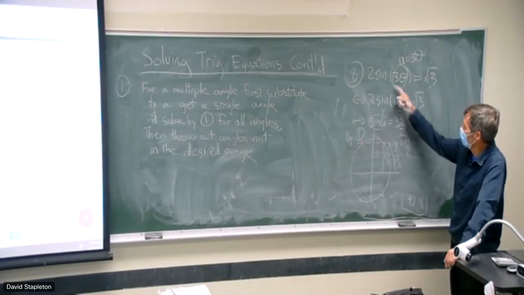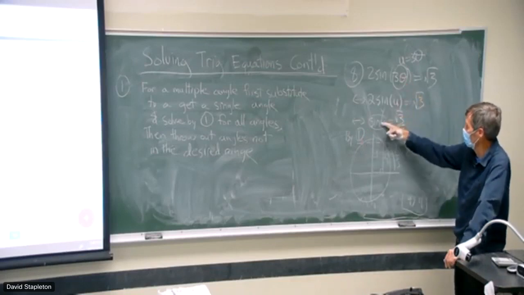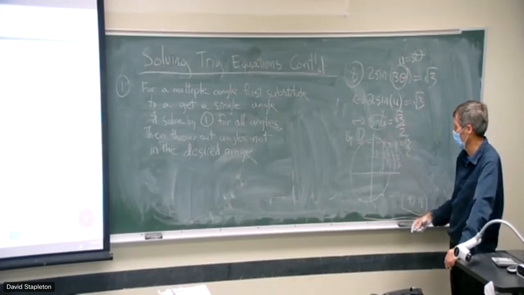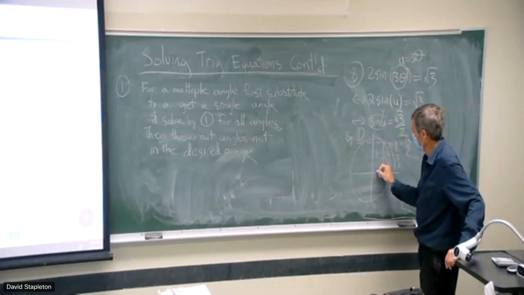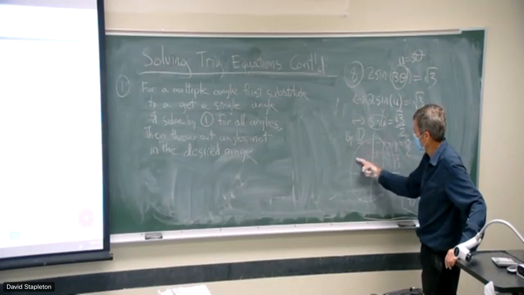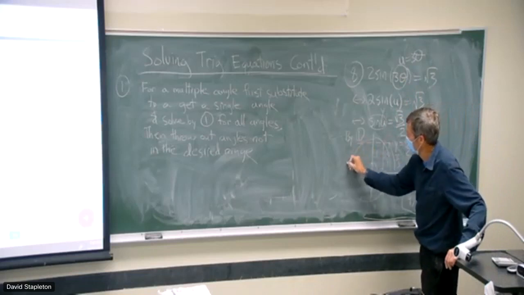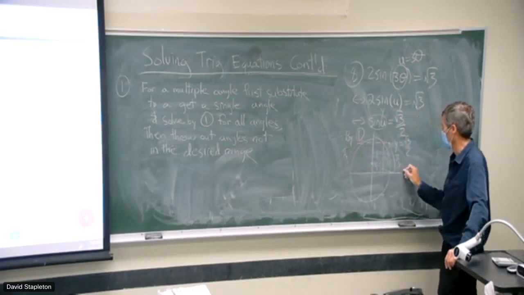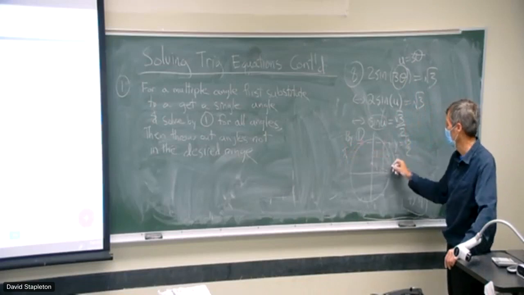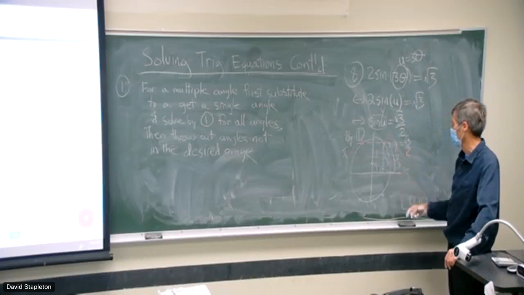So you substitute u equals 3 theta to get a single angle. Solve it in the unit circle as before. And now this one over here, by symmetry, this angle is the same, pi over 3. So this angle here is pi less pi over 3, which is 2 pi over 3.